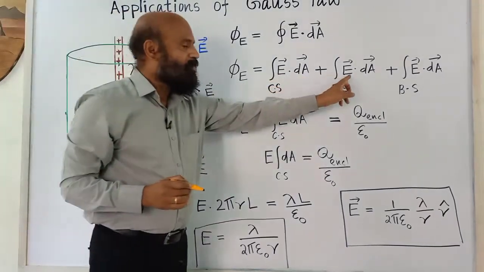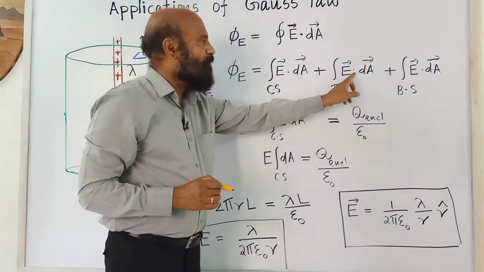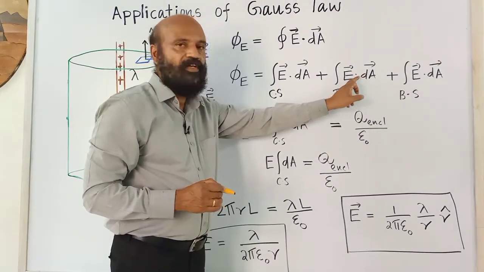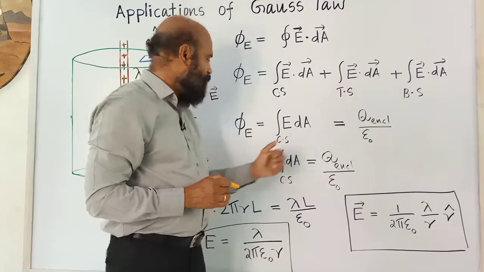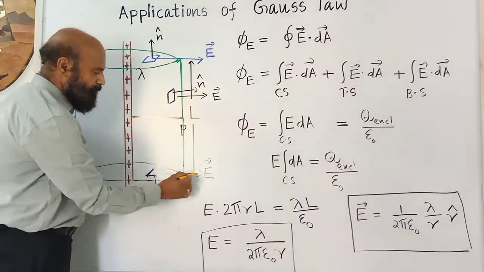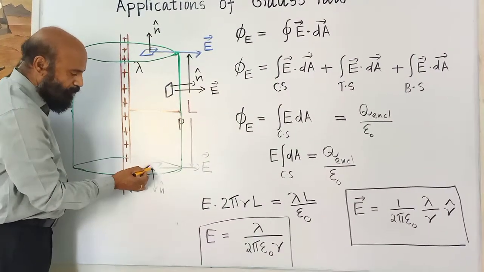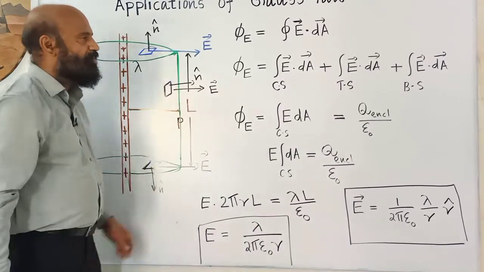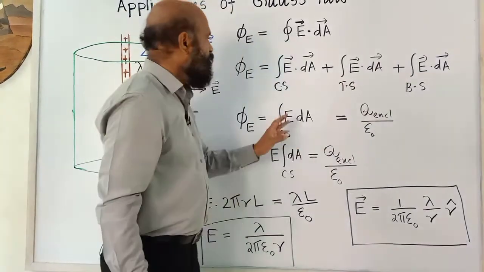So this term will be 0. E vector dot dA vector is EdA cos theta, now 90 degrees, so cos 90 is 0. Similarly here also intensity that side, unit normal is in the downward direction, so this angle is 90 degrees. So these two terms will be 0.